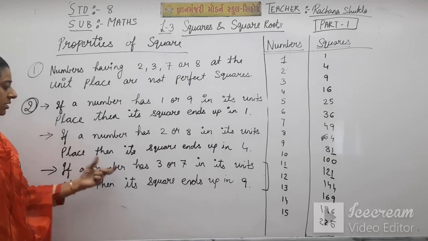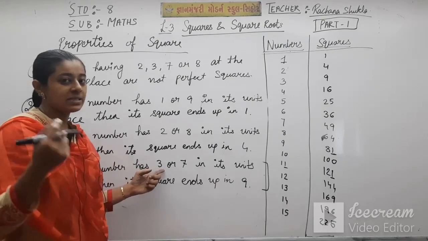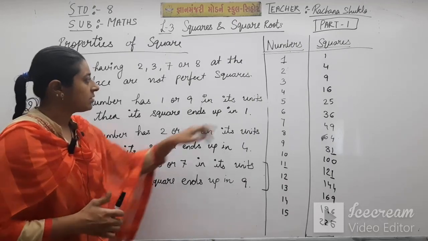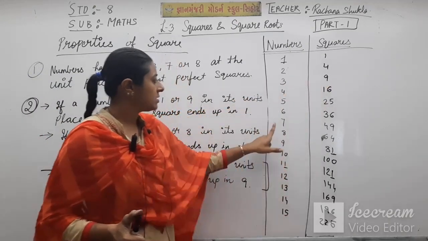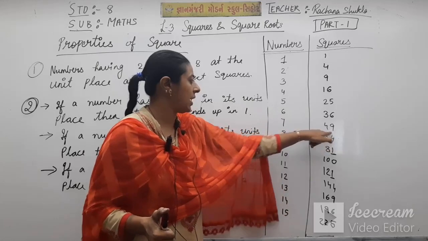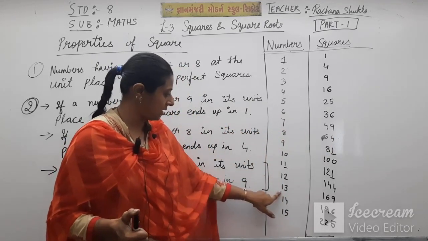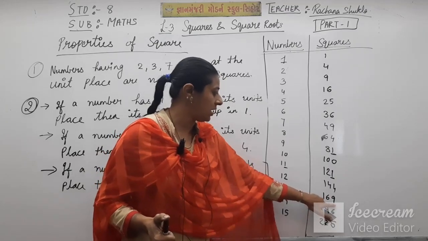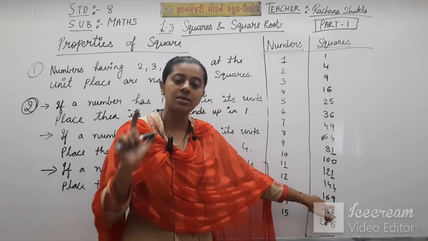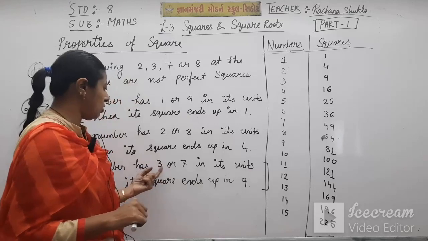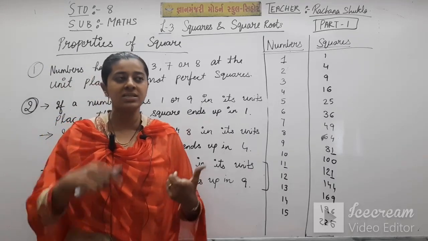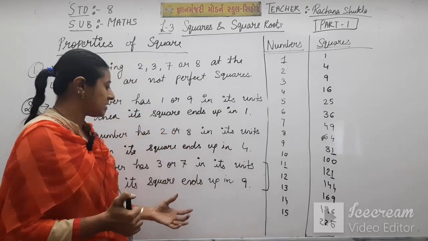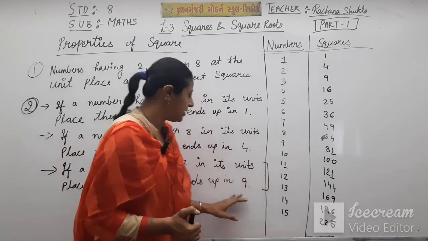If you have a number with unit place 3 or 7, then it ends up in 9. Let's check that. 3, 9. 7, unit place 9. 13. Where is 13? Here. See, the unit place is 3. You got again the unit place of the square as 9. So if you have 3 or 7 at the unit place, what will be the answer of the square? Your answer at the unit place will be 9.